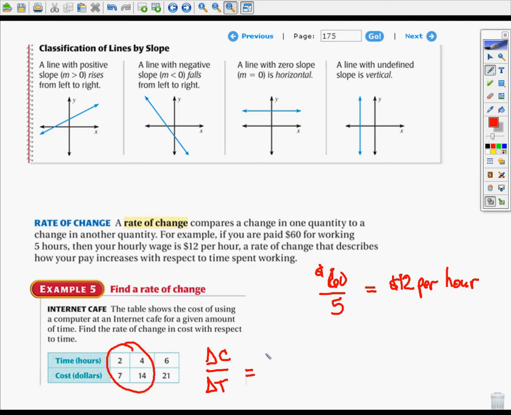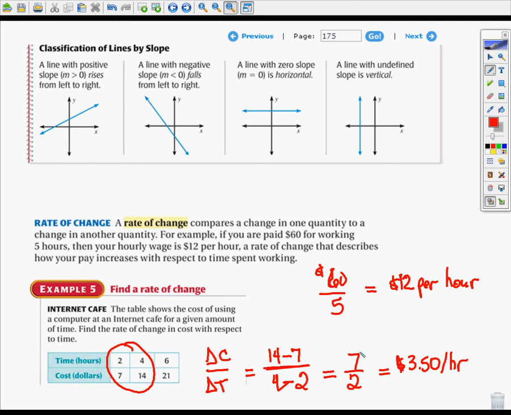So my cost changes from 14 to 7, and my time changes from 4 to 2. 14 minus 7 is 7. 4 minus 2 is 2. So the rate of change in cost is going to be $3.50 per hour.